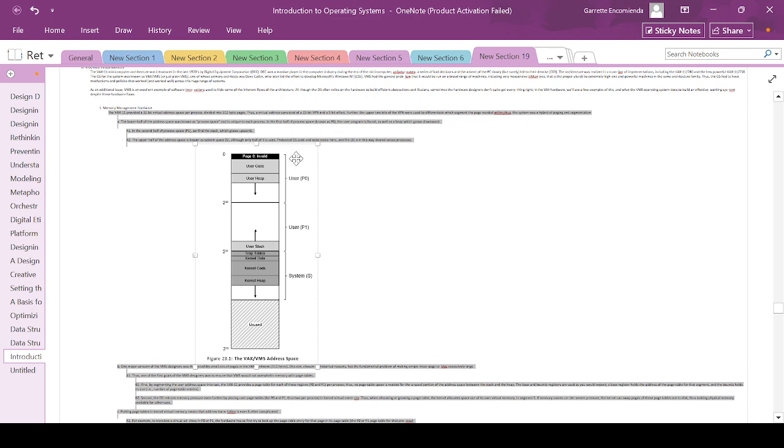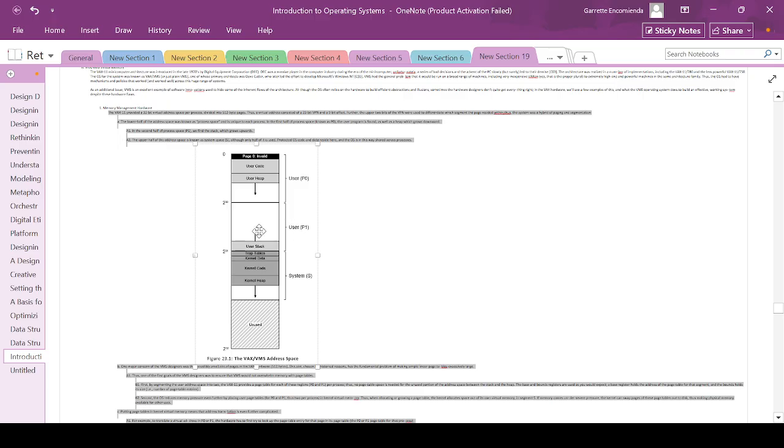Sorry, P0 includes the user heap, but the stack is in P1. In the second half of the process space, P1, we find the stack.